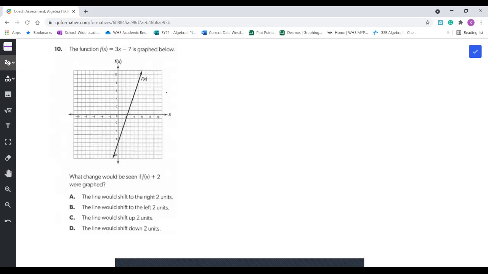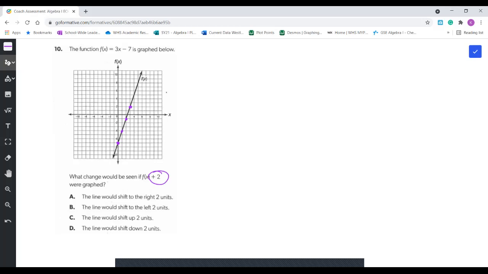All right. It says the function f of x equals 3x minus 7 is graphed below. There's my y-intercept of -7, and then my slope of up 3 over 1, and so on and so forth. Now it says, what change would be seen if f of x plus 2 were graphed? Well, young people, we talked about this.